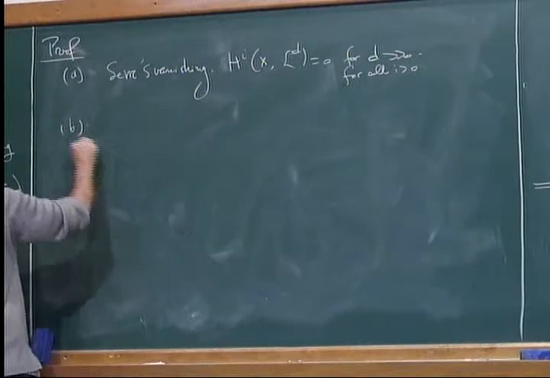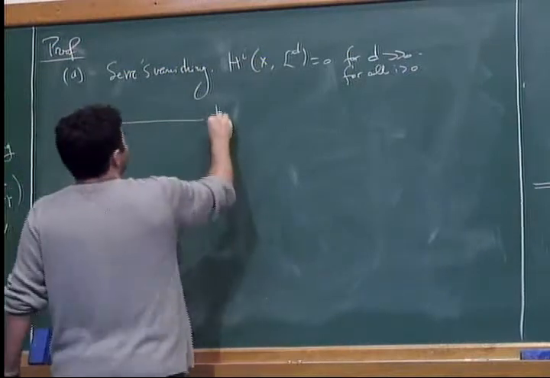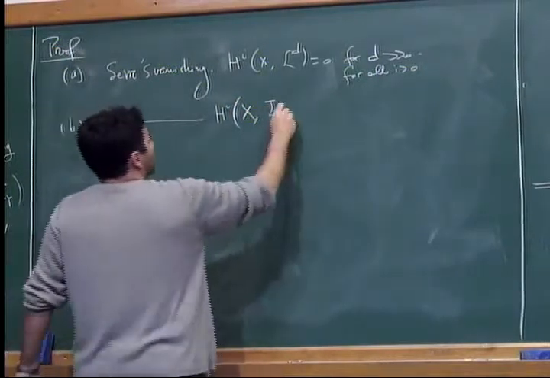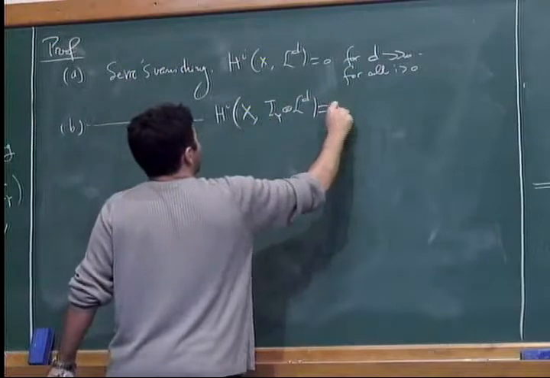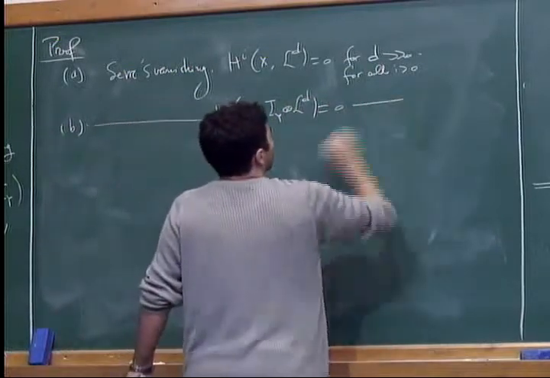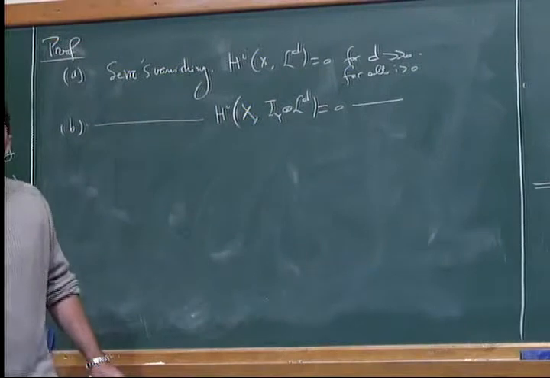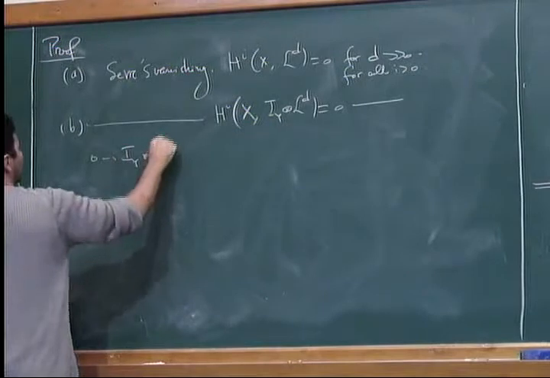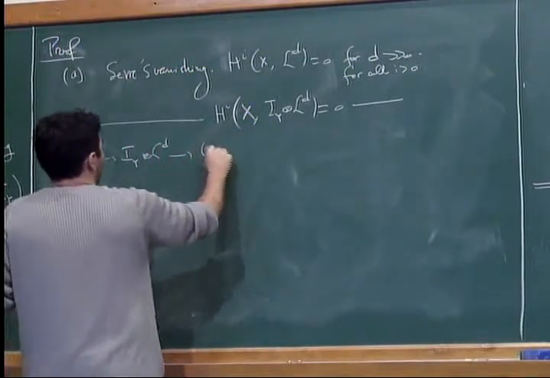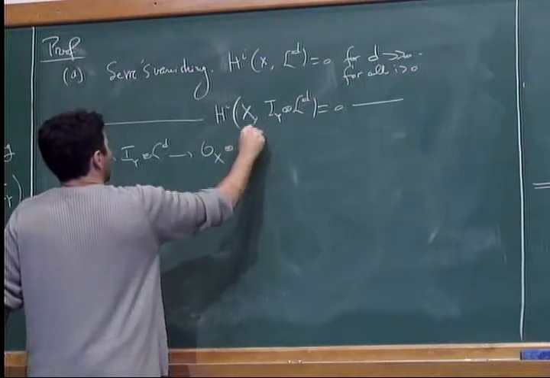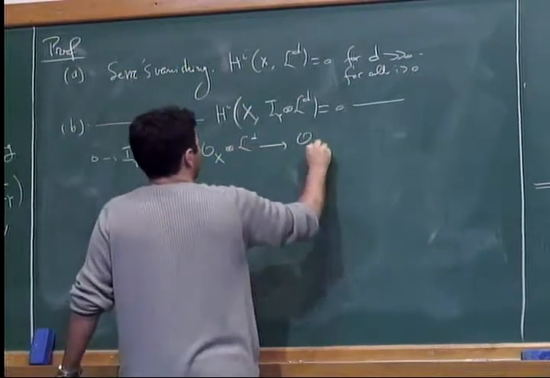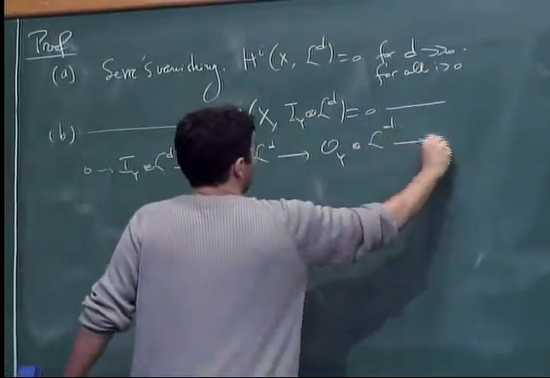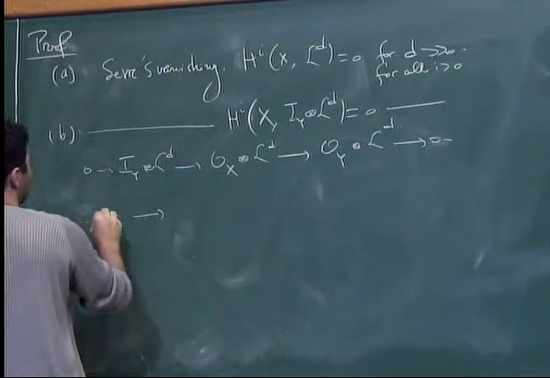So for B, Serre's vanishing gives that H^i of the ideal sheaf of Y twisted by L^d again has to be 0 for all d big enough and for all i. Now you use the exact sequence you guess, and the associated long exact sequence.